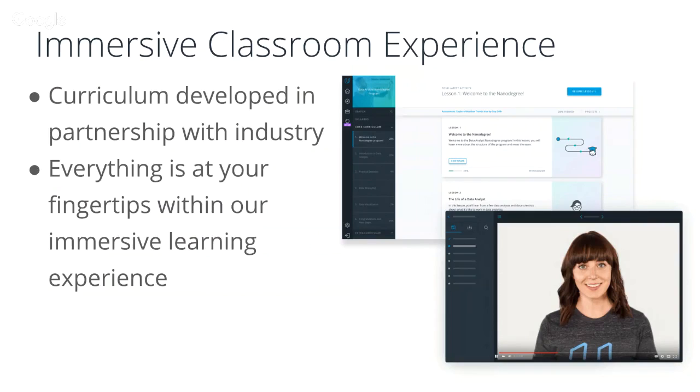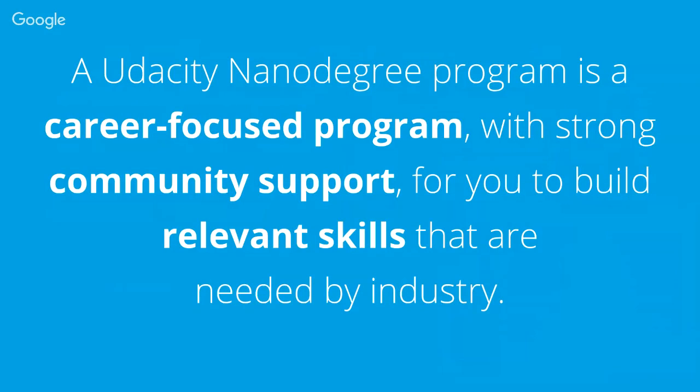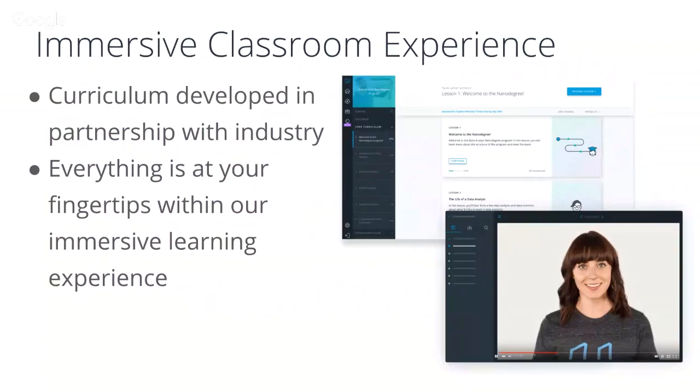Okay. So a nanodegree program is built with industry. That's one of the main things from that last slide. One of the most important things that we try to do at Udacity is build all of our content with industry professionals and build things that are relevant for the candidates that they're looking to hire.